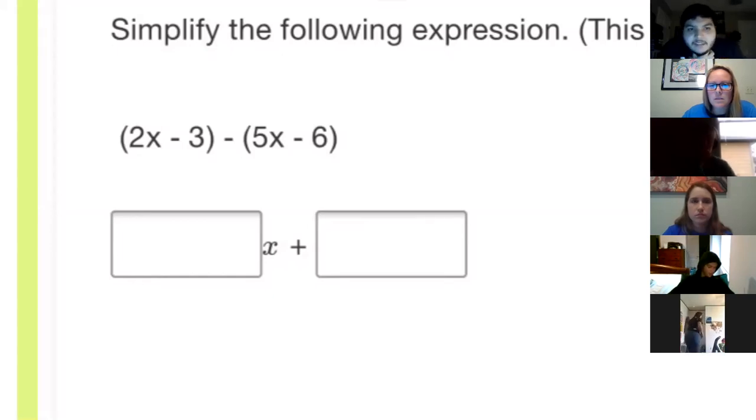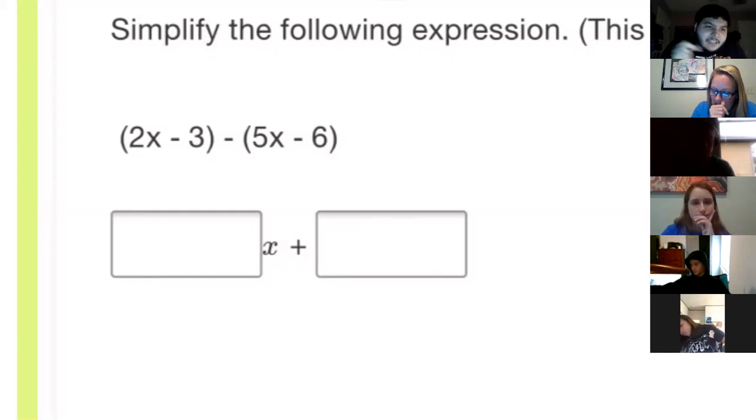Type in chat if you know the answer. The shape thing. Yeah, we're going to do the shape thing, but not just yet. For this one, if there's nothing in front of the parentheses, you don't need the parentheses. So you can just rewrite the whole thing without it.